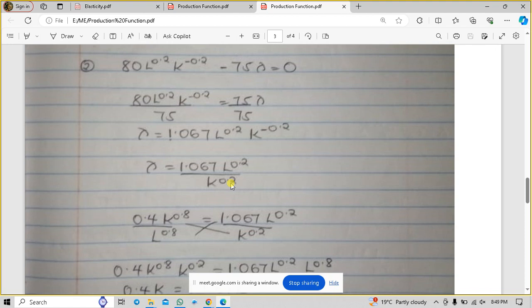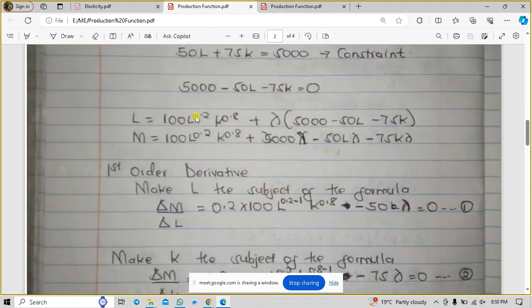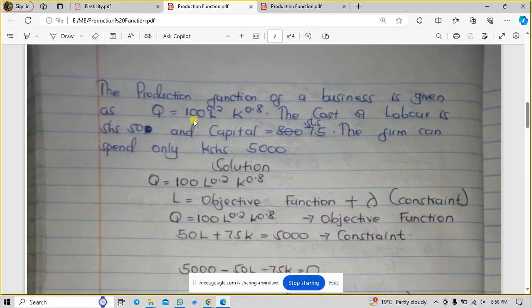The production formula of a business, or the production function of a business, is given as Q. Q is equal to 200, so instead of 100, write 200, L is to power 0.7, K is to power 0.3.